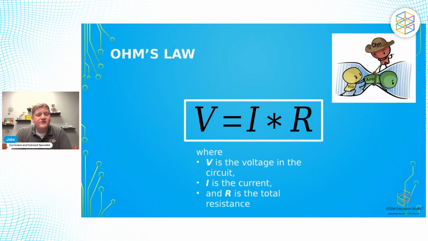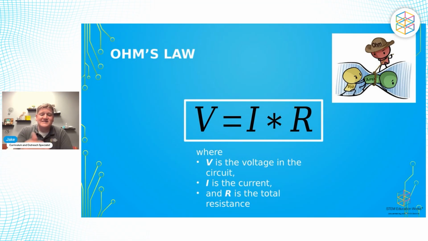Which brings us to Ohm's law. If you dig into the complexities of circuitry, even if you go on to take some classes in college, if you go on to be an electrical engineer, there are so many complex laws that go into circuit analysis that really boil down to Ohm's law.